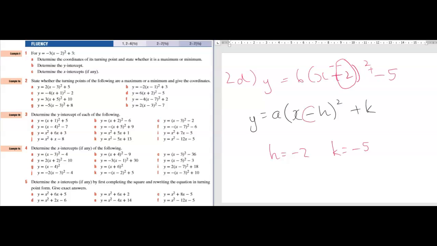So this quadratic has gone to the left 2, and it's gone down 5. The 6 means it's become narrower. We don't have to do that, but just so you know, it's a positive parabola because the 6 is a positive number.